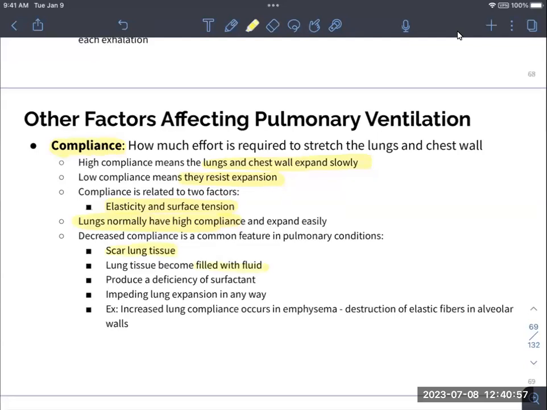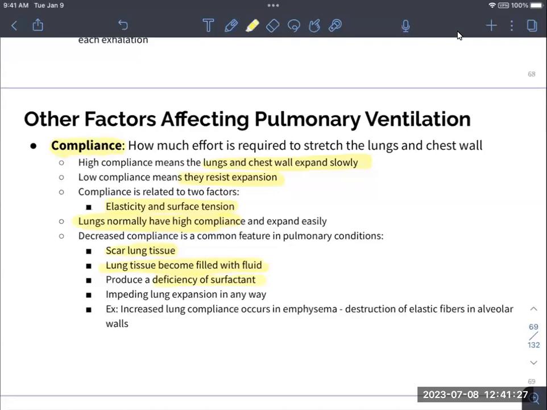If your lungs become filled with fluid, there's no place for that air to go because there's fluid in there. If you have a deficiency in surfactant, those pneumocytes don't produce surfactant or not enough surfactant, those alveoli are going to start collapsing every time you exhale.